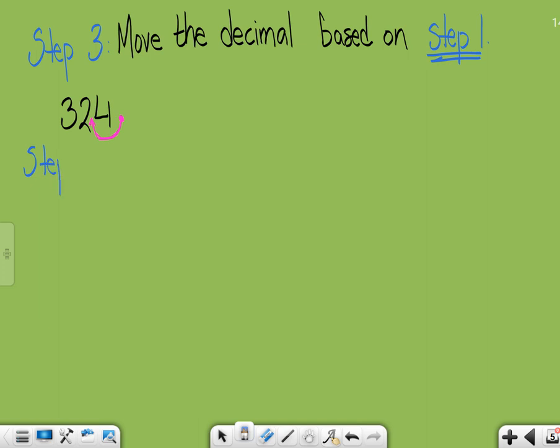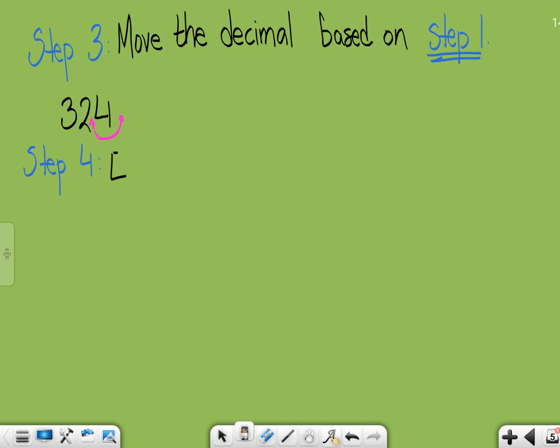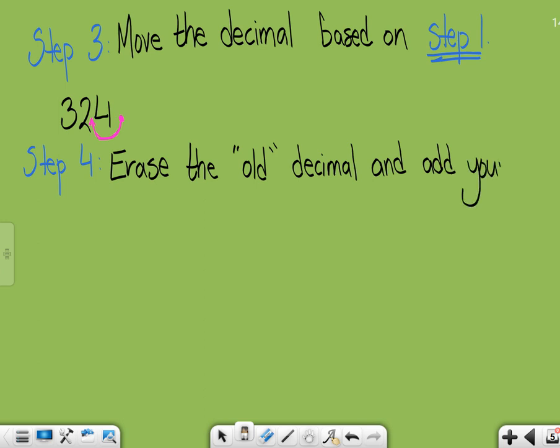Step 4 is you erase the old decimal, and I'll put an asterisk, and add your units.